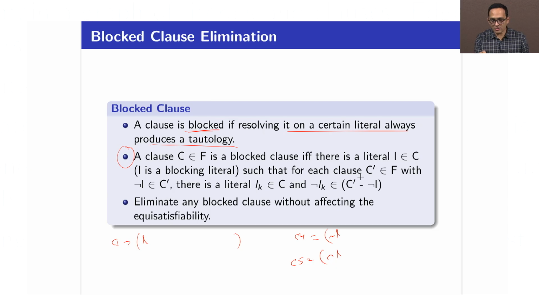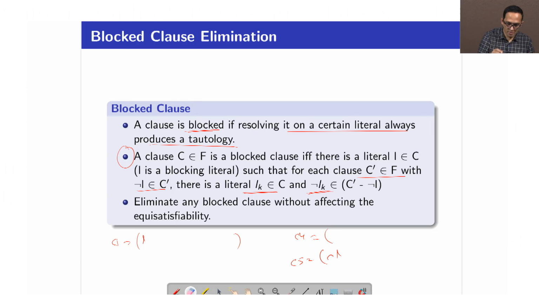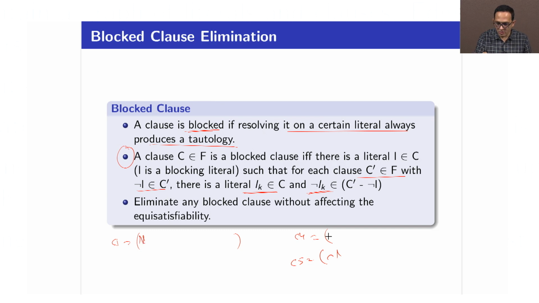Now, for each such clause, the C4 and C5 where not of L is present, there is a literal LK in C such that not of LK is present in this C dash, right. This is a clause, so this is basically OR. So, what I am saying here, I have L present here and not of L present here, I identify two such clauses.